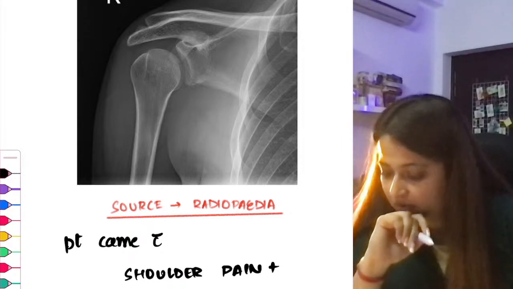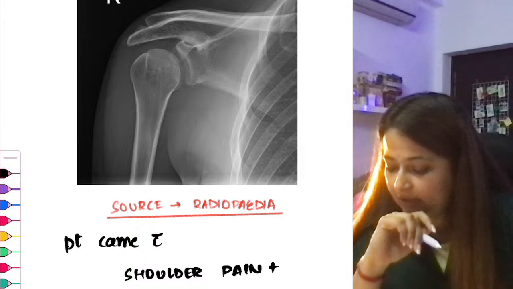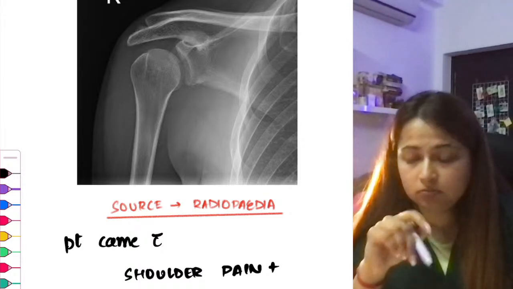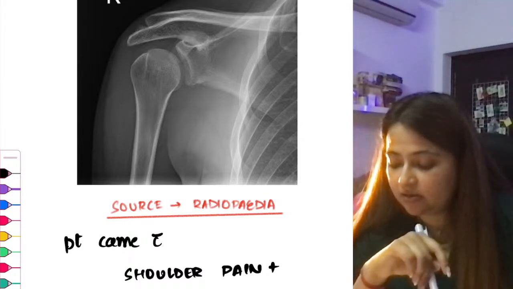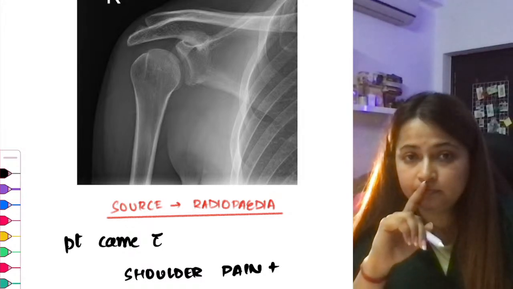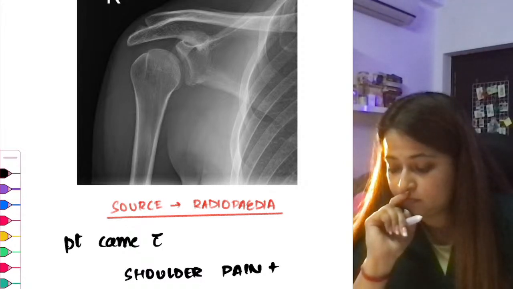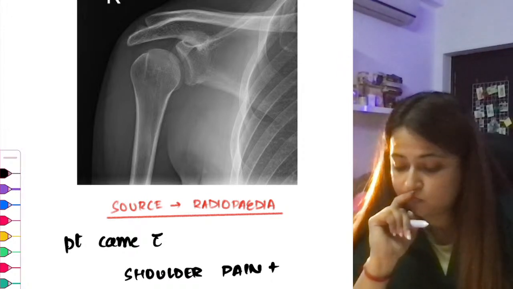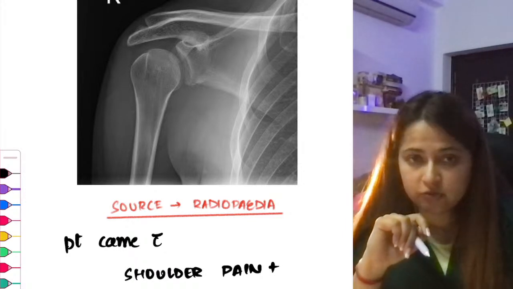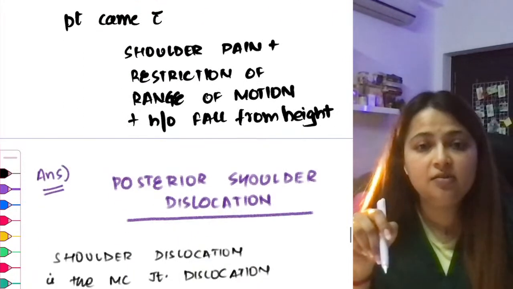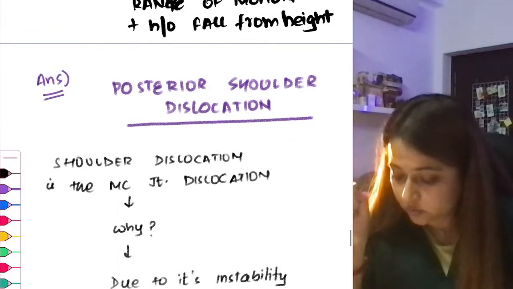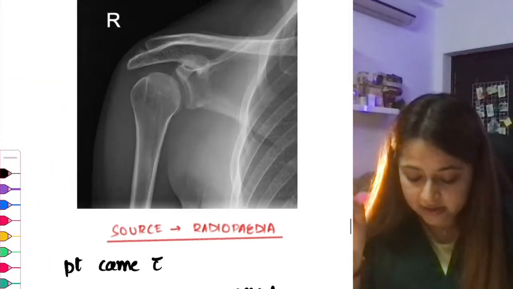Okay, Dr. Zoom, you are saying light bulb sign, and then you are saying anterior dislocation. So do you think light bulb sign is seen in the anterior dislocation? Akash says posterior dislocation of shoulder. Okay. So this is posterior shoulder dislocation. Okay. Look at the X-ray again.